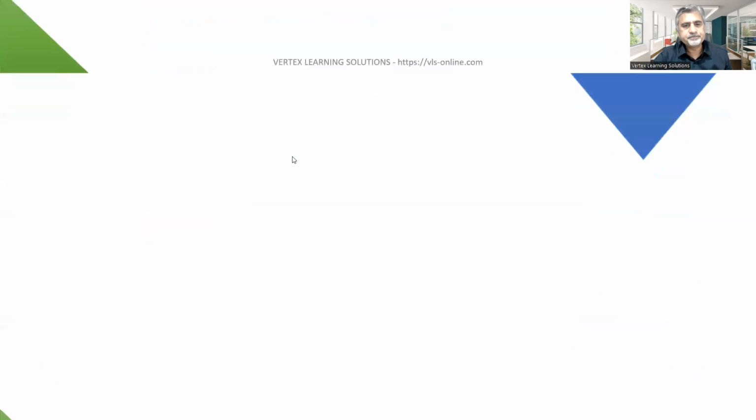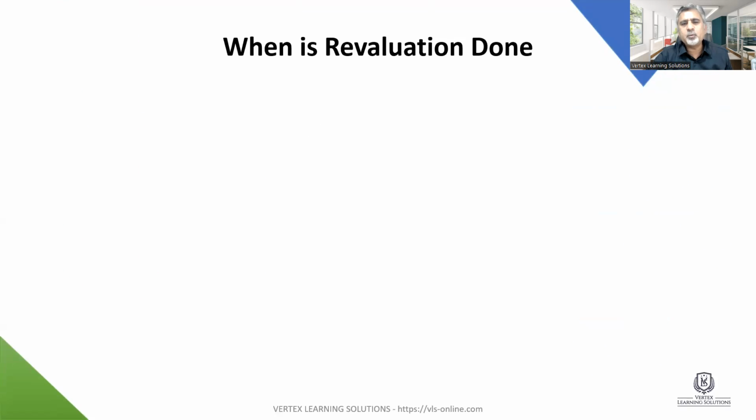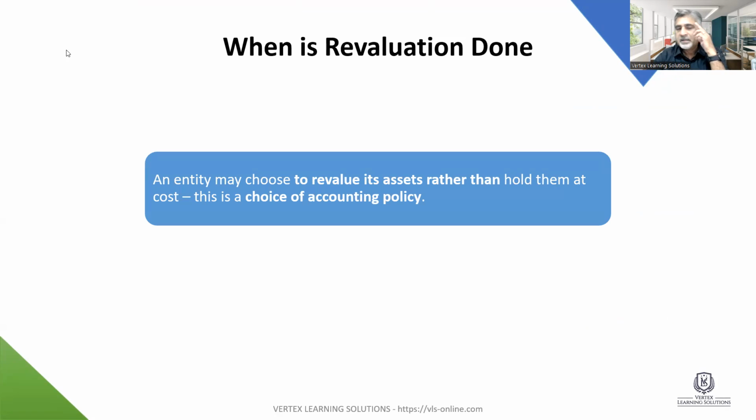We will see it, and we will try to do it with the help of an example. It says that an entity may choose to revalue its assets rather than hold them at cost. This is a choice of accounting policy. I explained that IAS 16 allows you both policies, cost or revaluation, and most companies use both of them. For some assets they use the cost model, while for major, big assets they use the revaluation model.